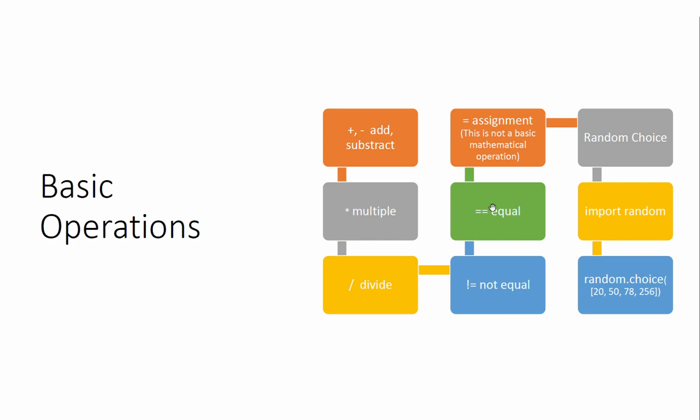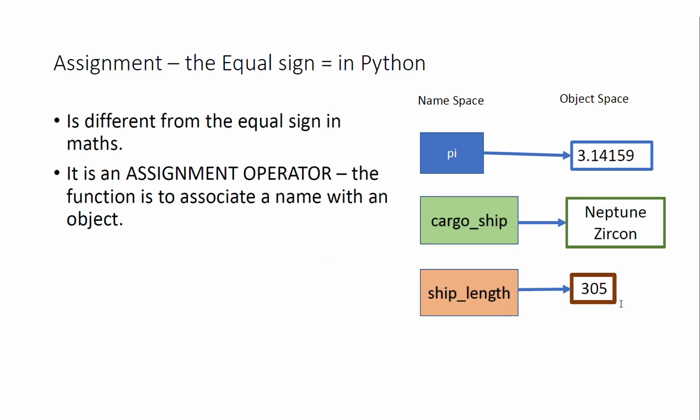That's how Python identifies them. And assignment is not a mathematical operation. For random choice, import random, and random choice from values like 25, 20, 50, 70, 256.